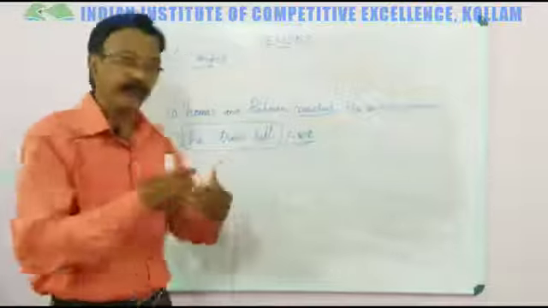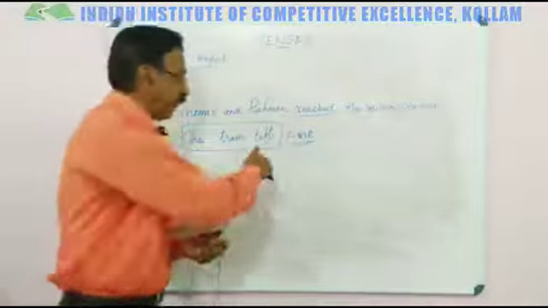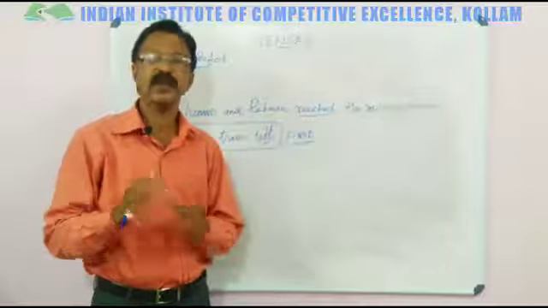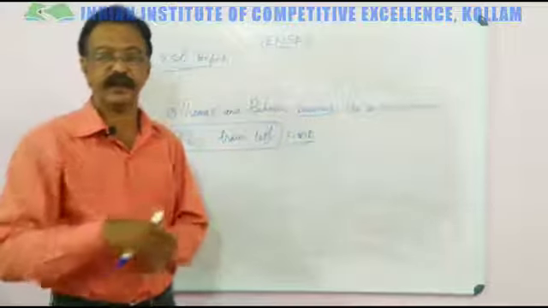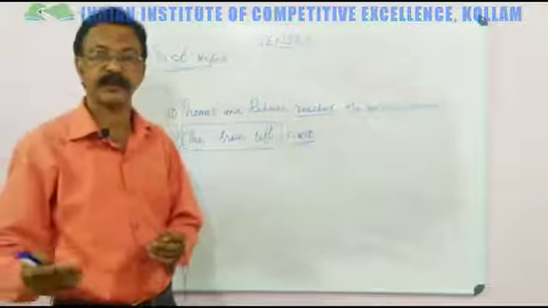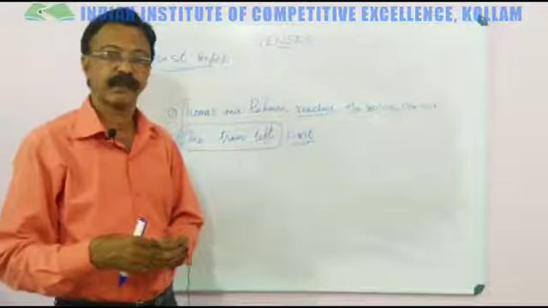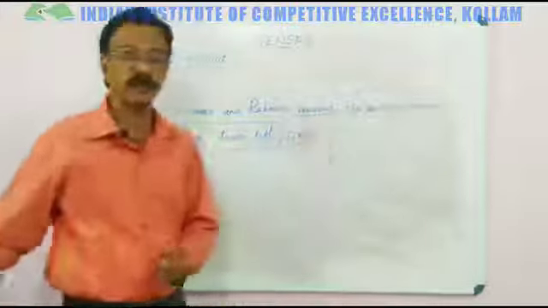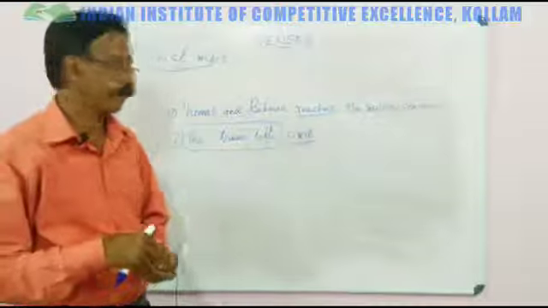Now we join these two happenings or these two actions with a conjunction. We studied earlier conjunctions. So many conjunctions we have seen. Here we can relate these two sentences, these two actions.